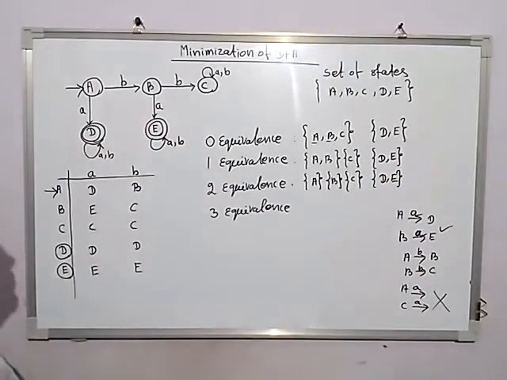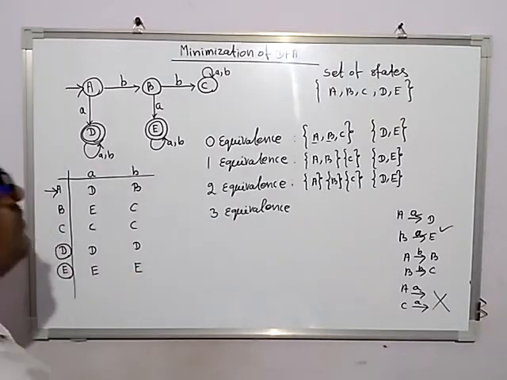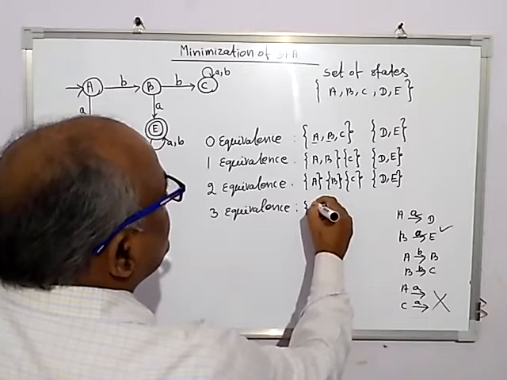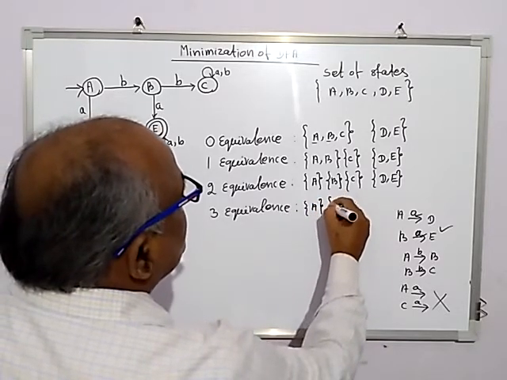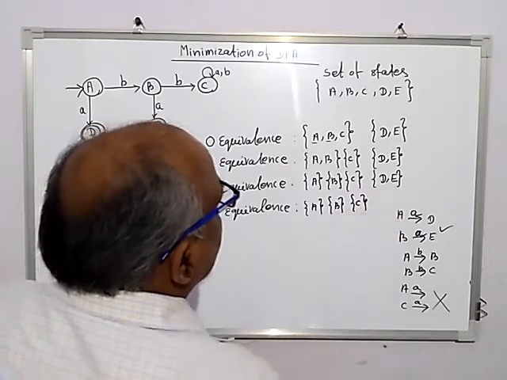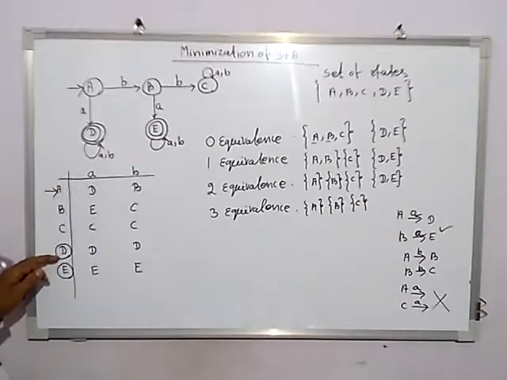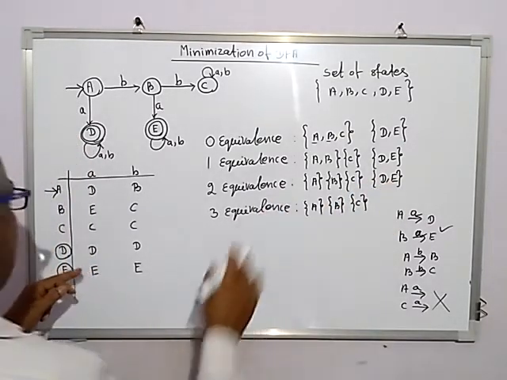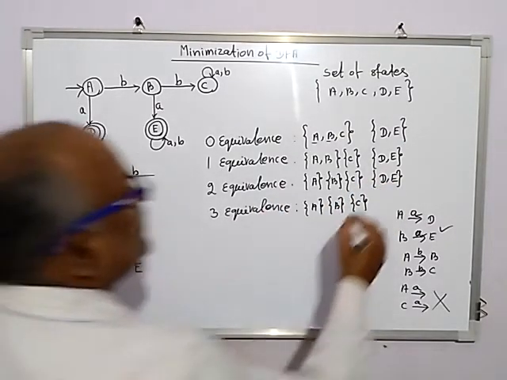Now find the three equivalents. Since A is a single set, we write A. For single set B, we write B. C, we write C. For D, E, for input A they go to the same set, and for input B the same set.